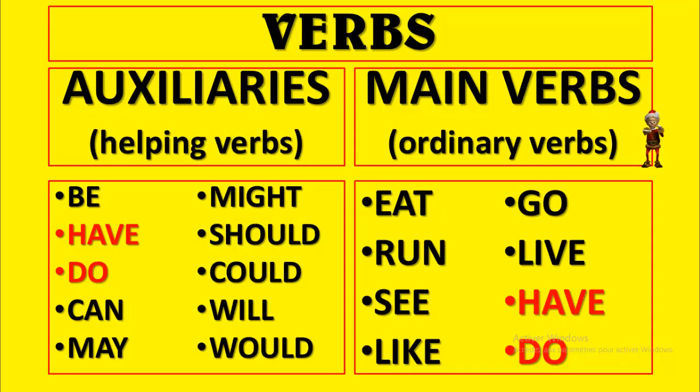Verbs. As you can see in this table, here we have have and do as auxiliaries and have and do also as verbs. Now, how can you recognize have and do as auxiliaries or have and do as full verbs? When have and do are auxiliaries and when have and do are full verbs.